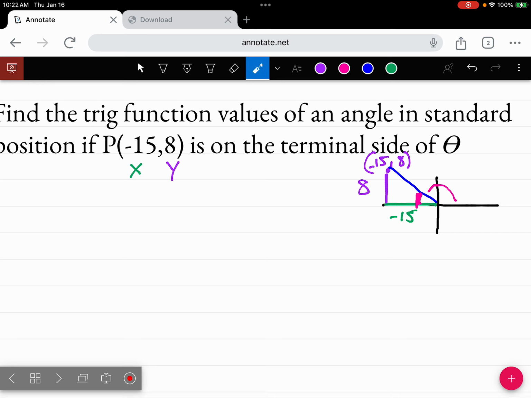Every single time, x is always our adjacent. Y is going to be our opposite. Every time. So y is always the opposite piece. So even though we're over here, all it does is play with signs. It's the exact same triangle as if I reflected it over the y-axis. It's the same triangle. It's just the sides are different.